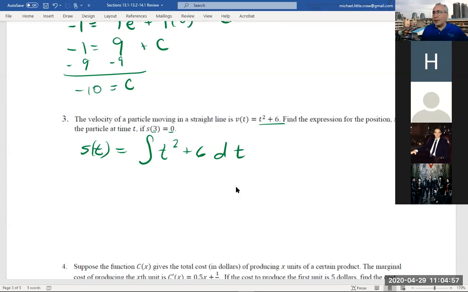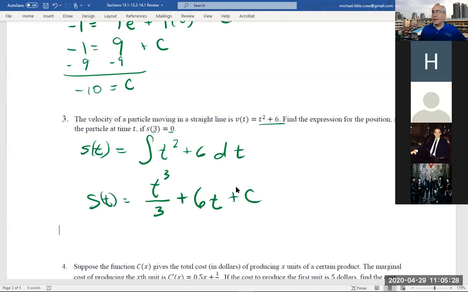So we'll integrate first. t squared integrates into t to the 3rd over 3. So we added 1 to the exponent, divide by the new exponent. 6 integrates into 6t. And then we've got plus a constant. When we plug in 3 for t, the answer is going to be 0.